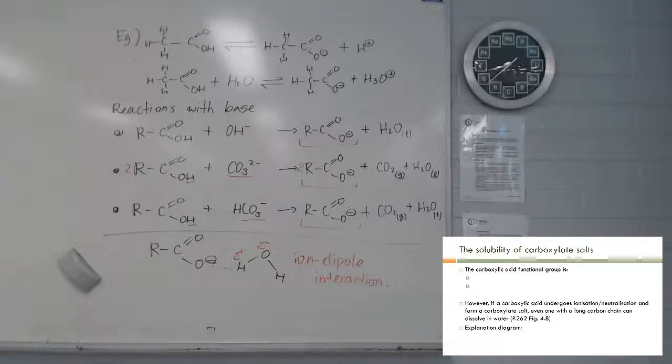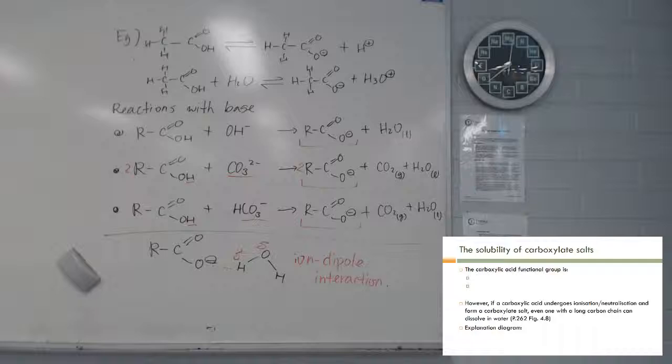Now, because the oxygen is going to be permanently negatively charged, okay, this interaction with water is very strong compared to carboxylic acid itself. It's so strong that it kind of overcomes the limitation of carbon chain length.